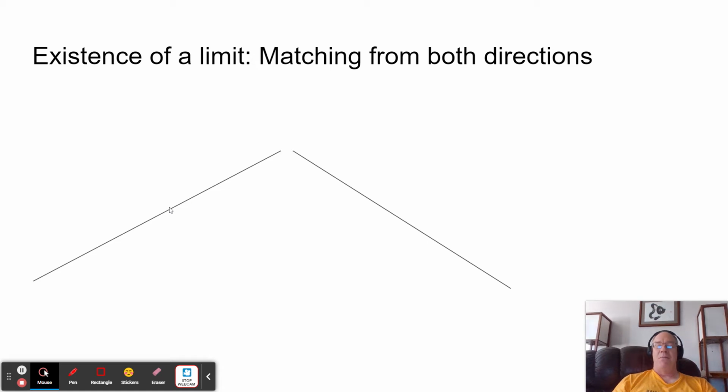But nevertheless, as you approach from the left and as you approach from the right, these two lines approach the same point, if these two line ends are infinitesimally close together but not quite touching. That's a situation where the limit exists, even though the function is not even necessarily defined at the point where, in fact, the limit exists. So the limit can exist where the function is not defined. Okay?